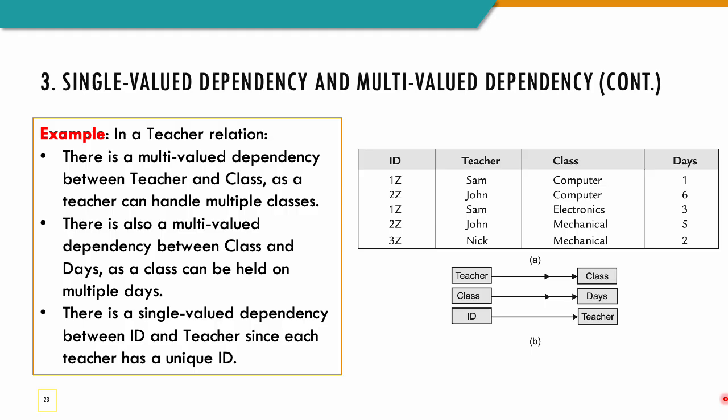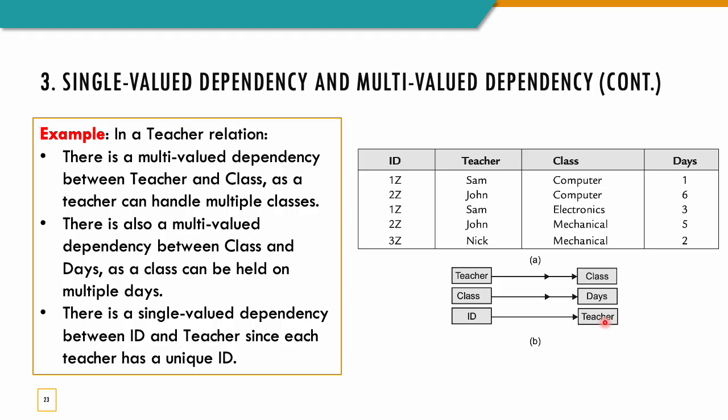And let's talk about the single-valued dependency. The single-valued dependency occurs when one attribute determines exactly one value of another attribute. We're talking about ID and teacher here. Each ID uniquely identifies a teacher.